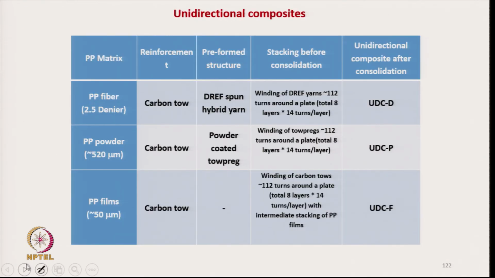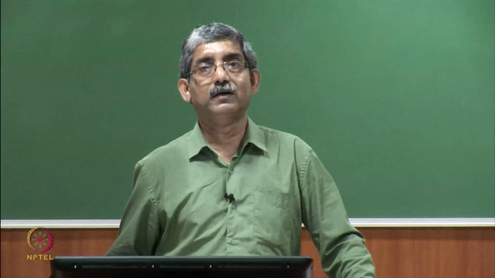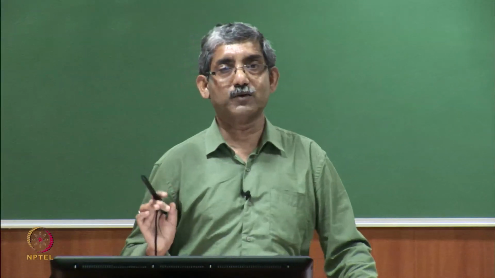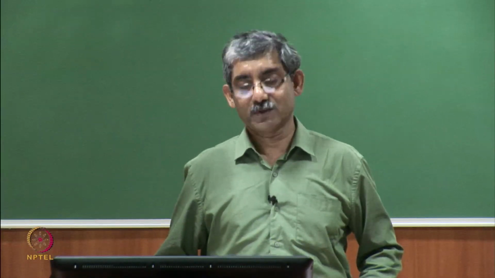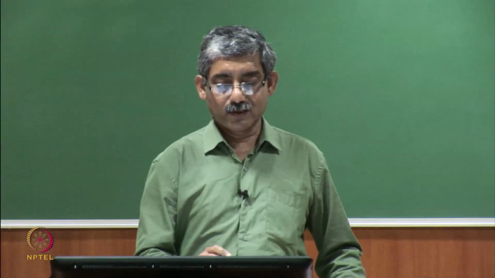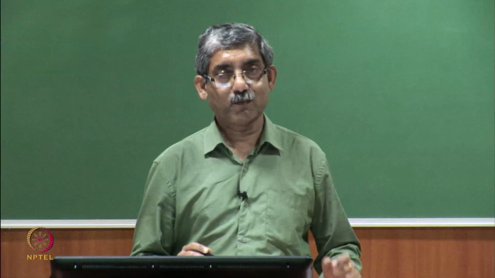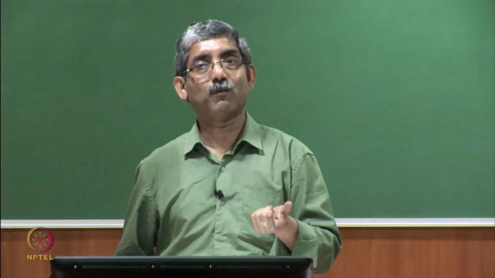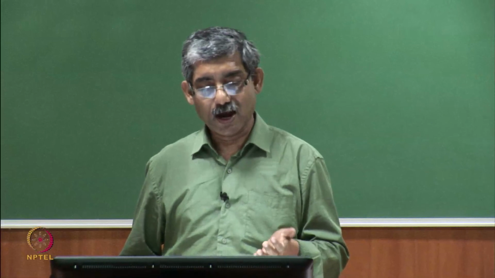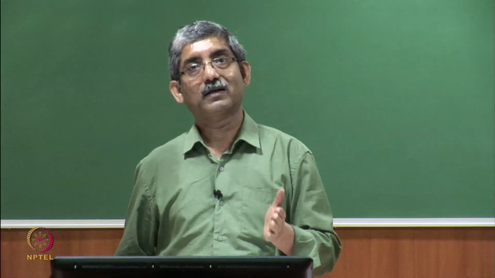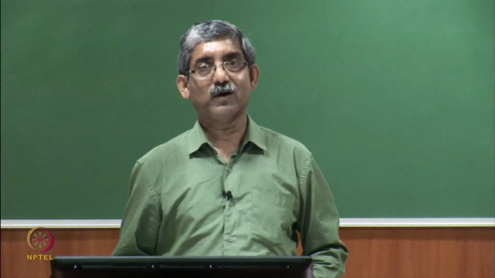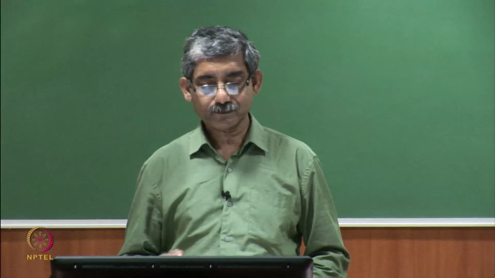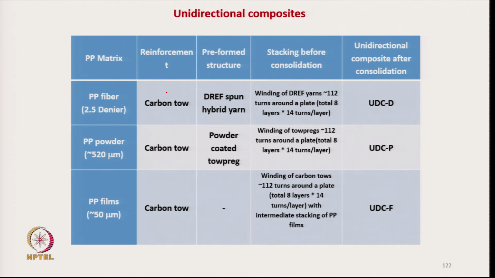And what we have done? We have prepared the unidirectional composite, and these are its parameters. With PP fiber, we used 2.5 denier polypropylene staple fiber as the matrix, and carbon tow as reinforcement for all 3 samples. The preformed structure is a DREF spun hybrid yarn, as we have seen.